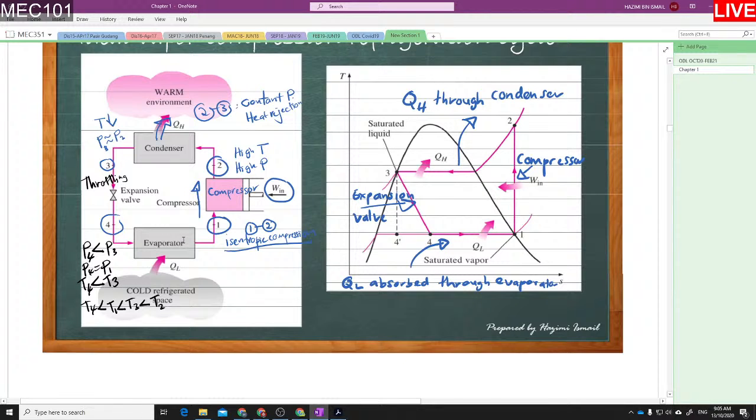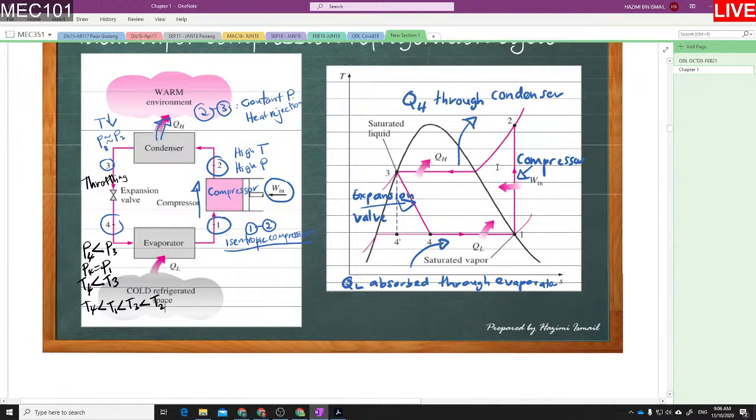Suhu nafsu dia, suhu dosa dia. Okay, boleh? So temperature 4 will increase the temperature by accepting or absorbing the heat. Then the cycle goes on until you switch off the compressor.